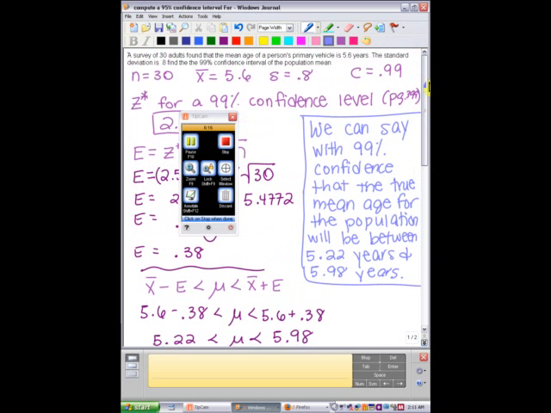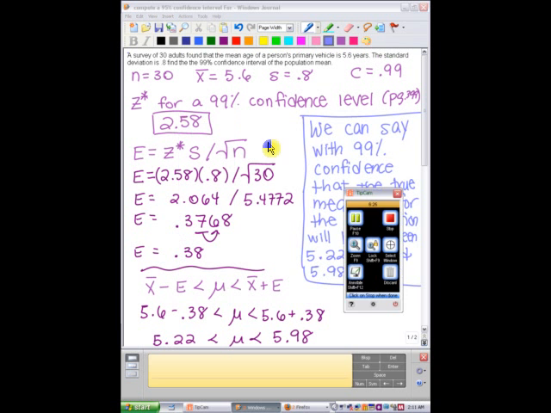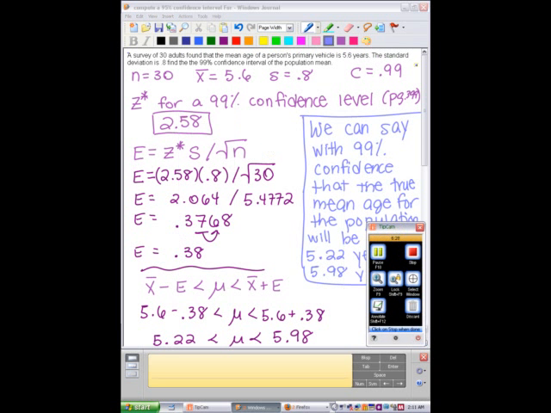So you can see here we did two different confidence interval problems so far. One for 95% confidence interval and this one for 99%. And just to quickly summarize what we do, it helps to write down the information we have from the problem. So our n, our x bar, our s, and what confidence level we're doing. We find z star using the table on page 399, or you could do it the long way, which we might have to do if we have a confidence level not listed in the chart.